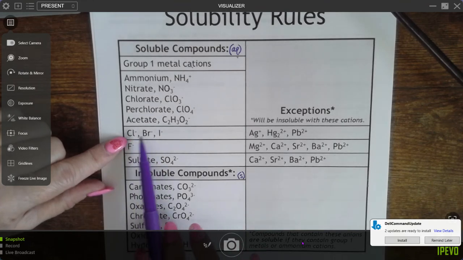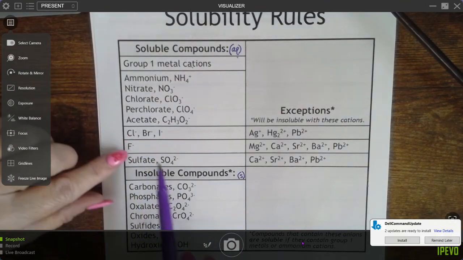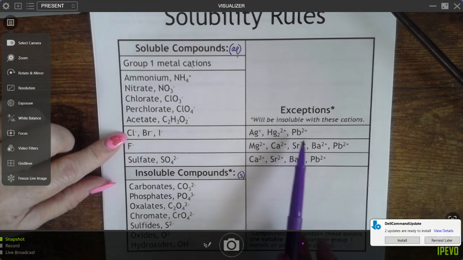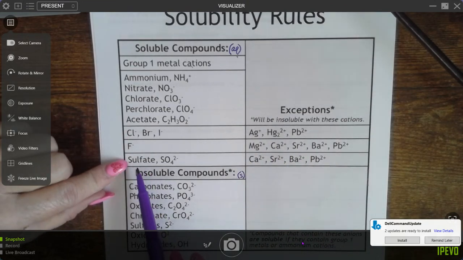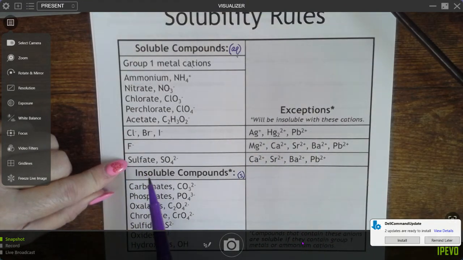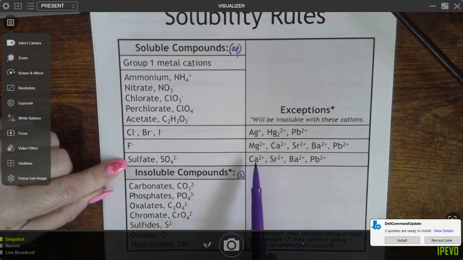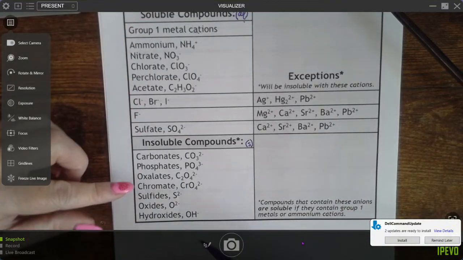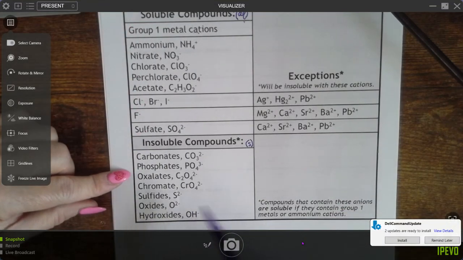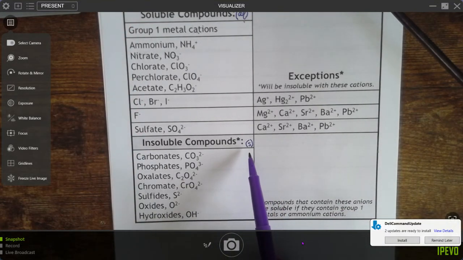Our halogens, chlorine, bromine, iodine, are soluble except these few compounds. Sulfates also are soluble except a few compounds. And then we get down here to our list of insoluble compounds. Okay, those compounds, when they're formed as products, we would put an S as their state of matter.